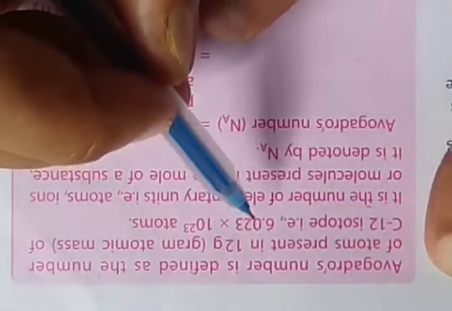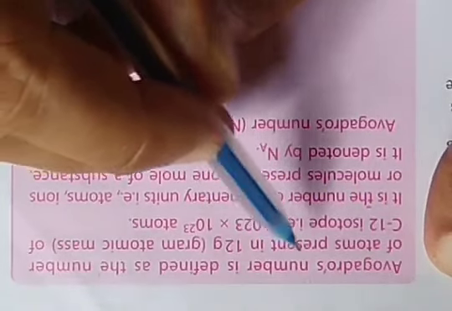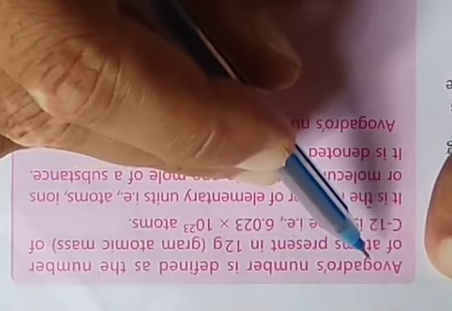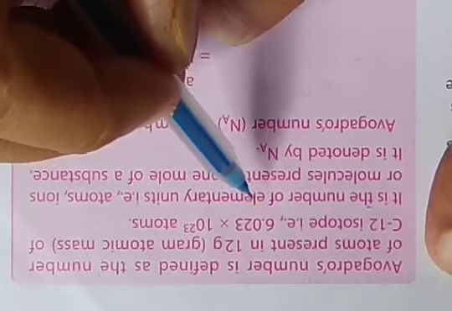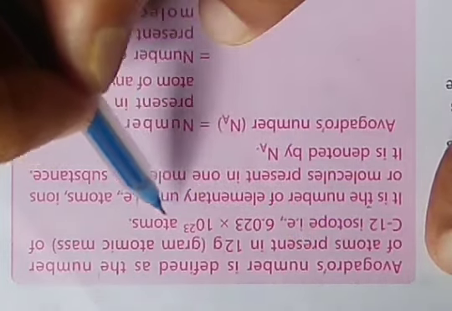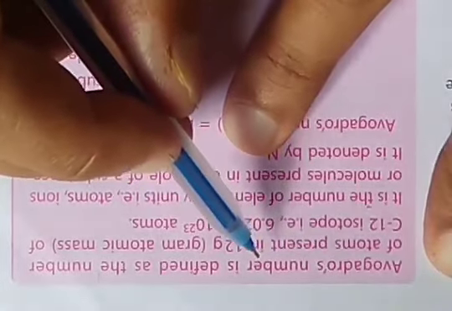It was found by the scientist Avogadro, and that value is 6.023 into 10 to the power 23 atoms, and that number is called the Avogadro number.